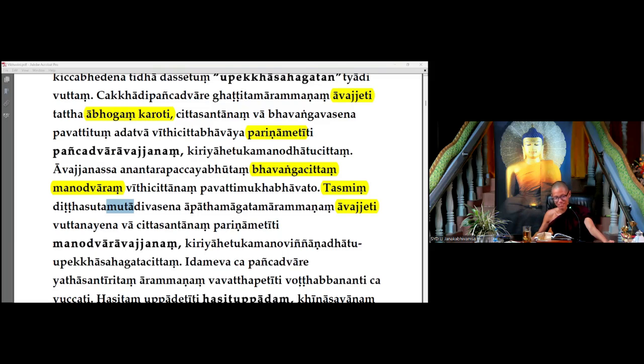Some people say they discern jivita rupa, like an egg yolk. Something appears in their mind. Maybe correct, maybe not correct.